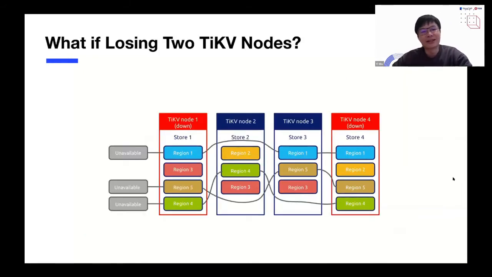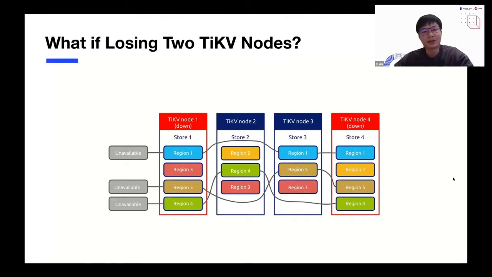Here is an example showing what happens if we lose 2 TiKV nodes simultaneously. Here we have 4 TiKV nodes in this cluster, and node 1 and node 4 go down simultaneously. There will be some regions that have 2 replicas located on both of these down TiKV nodes. For example, here we have region 1, region 4, and region 5. All of them have 2 replicas on these two down TiKV nodes.